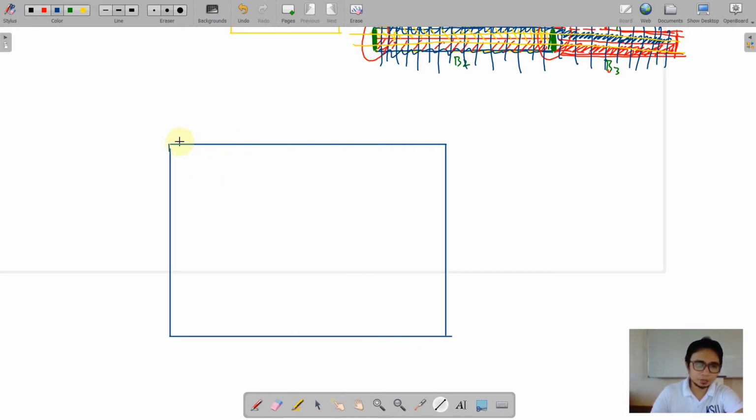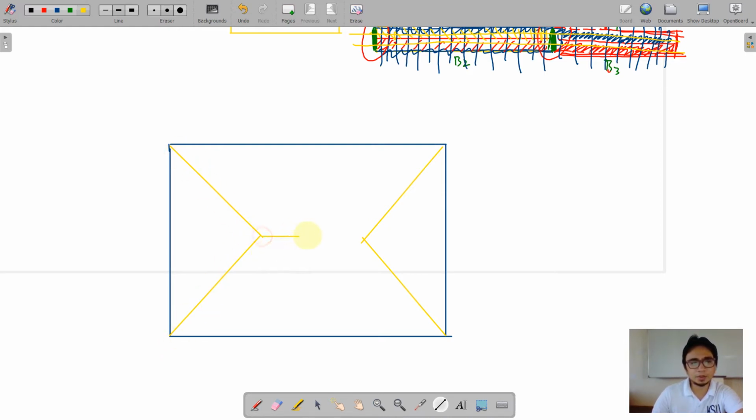So we have to create a line that is 45 degrees. This is 45 degrees, that is 45 degrees, and this is another 45 degrees. So just create a 45 degrees line on the edges and then project it until they intersect.